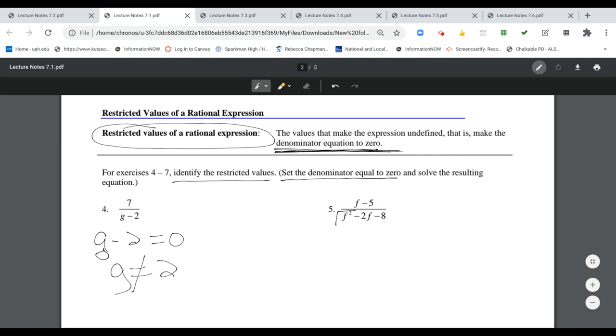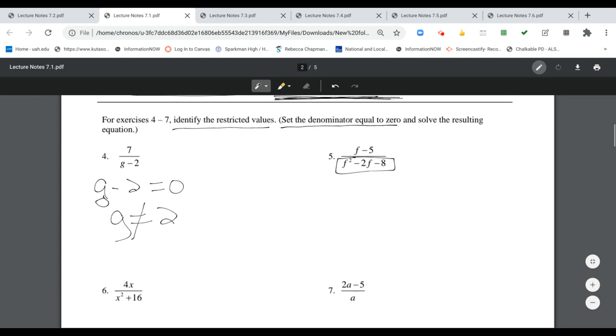Now, my denominator this time is a quadratic, so I'm going to have to factor. So the factors for this quadratic are -4 and +2. I use one of each when I factor it because my c value is negative. So remember, -4 times 2 should give you c, and -4 plus 2 should give you the b value, which is -2, and it does.